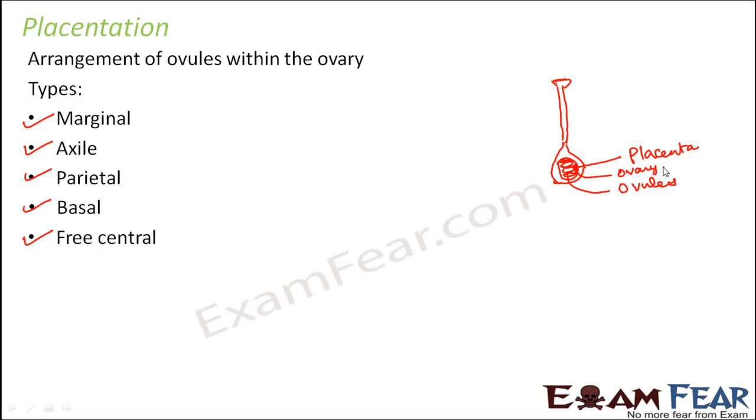We have a mattress or a cushion over the bed. Because the bed is hard, now you have a cushion and you can sleep over that cushion. So that cushion actually connects you, attaches you to the bed. So similarly here, the placenta attaches the ovules to the ovary. So we will now see the different ways in which the ovules can be arranged in the ovary.